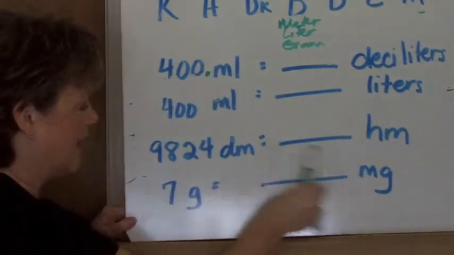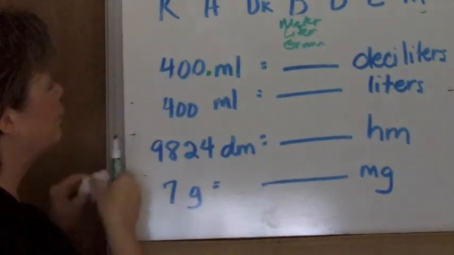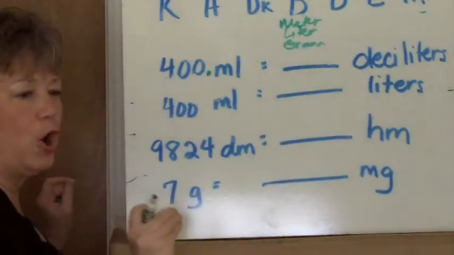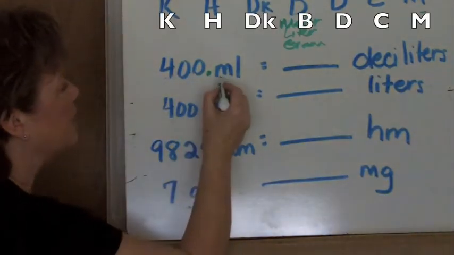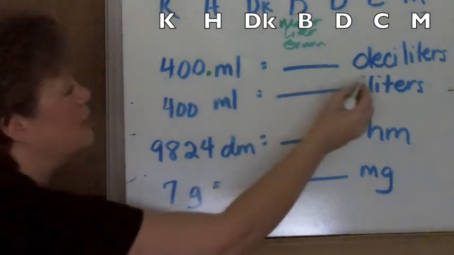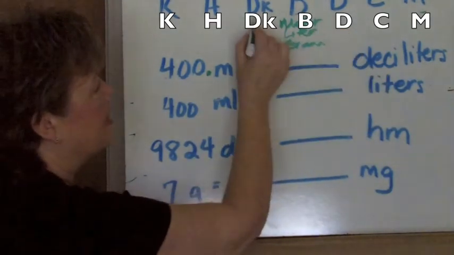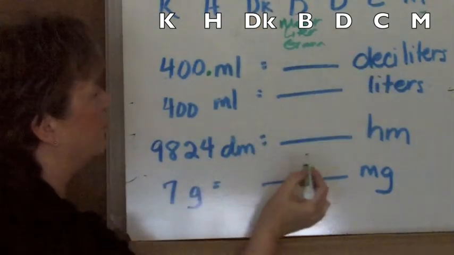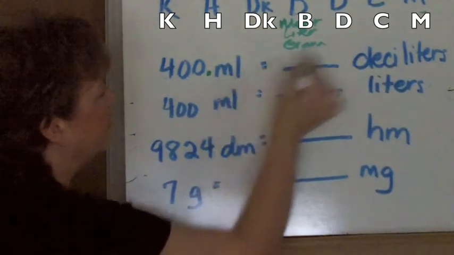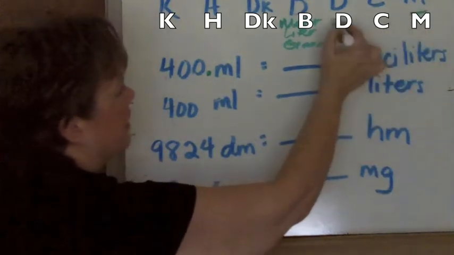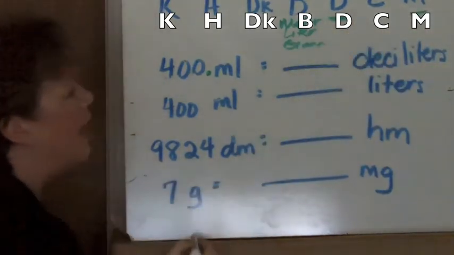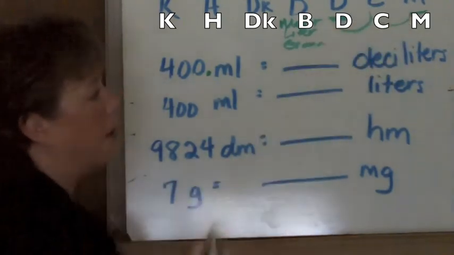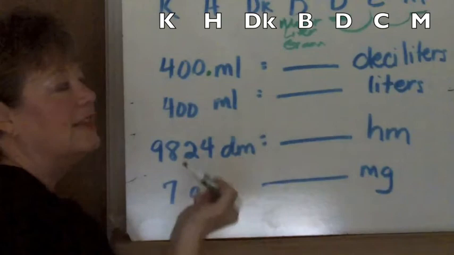Okay? So, in this first one, I have 400 with a decimal point. That's the end of my whole number. I'm changing from milliliters to deciliters. Now this is the deci, this is the deca with the K. This has the C, so it's here. I'm going from milliliter to deciliter. So from this point, I'm going 1, 2 spots, and I'm going to the left.